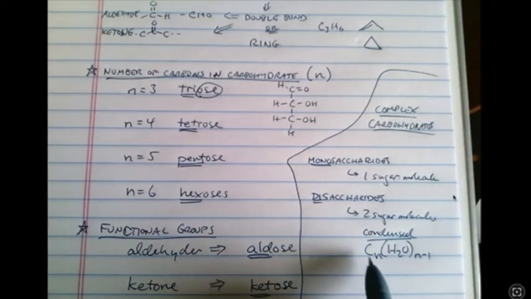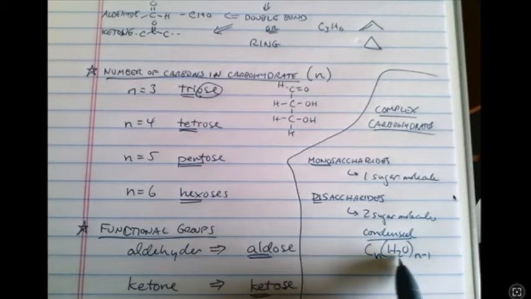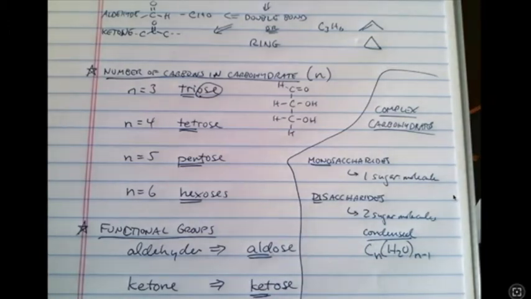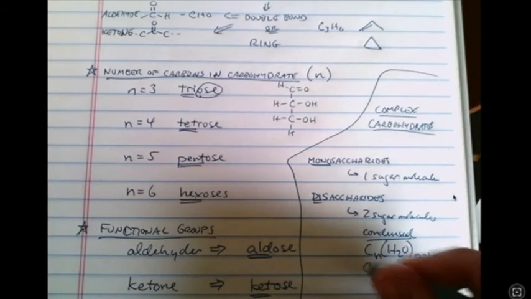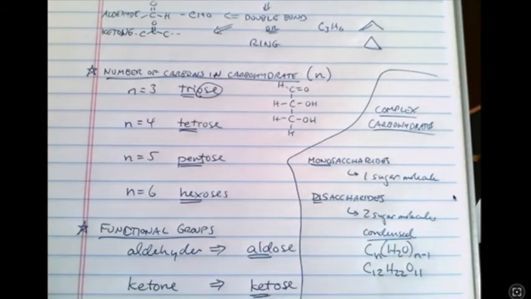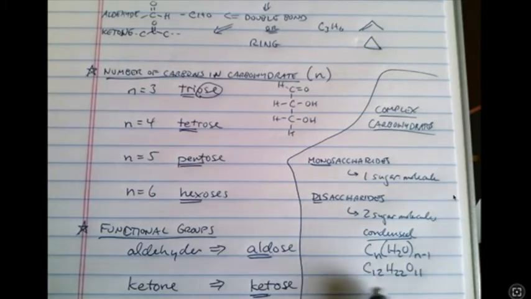So you won't have Cn and then H2nOn. What you're actually going to have is H2n minus 2, O, n minus 1, because you will have lost a water molecule in the process. So for example, sucrose has this sort of formula. Sucrose is a very common disaccharide. This is a dimer made when a fructose molecule and a glucose molecule are condensed with each other.